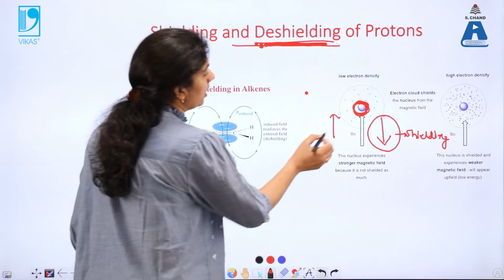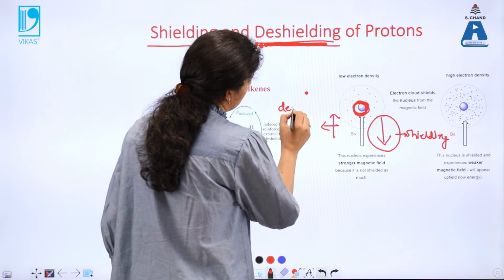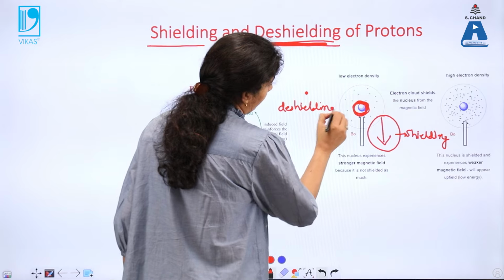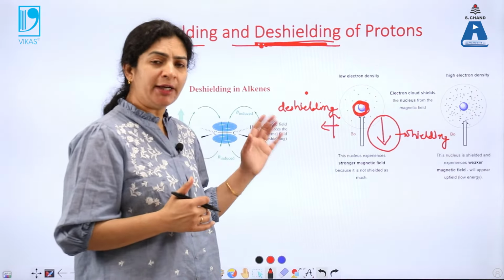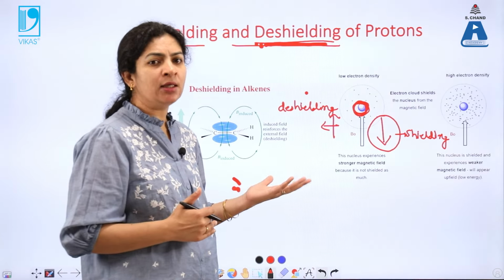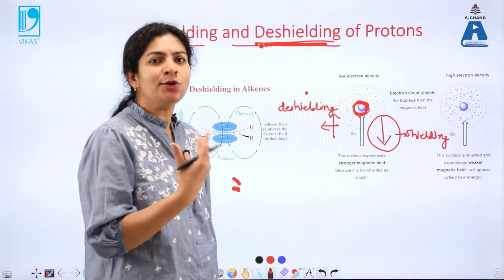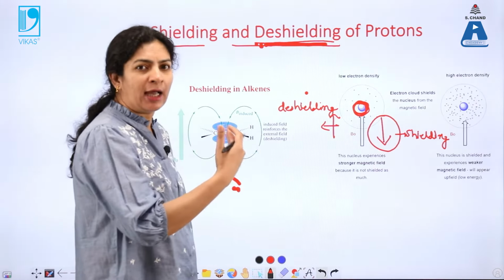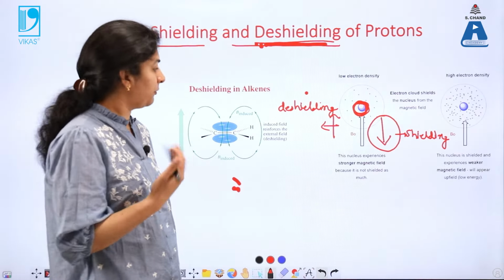So this phenomenon where the field reinforces is called deshielding, right? So deshielding and shielding play a vital role in deciding where a particular nucleus will absorb and show signal on the delta scale, and what is going to be the value of its chemical shift.